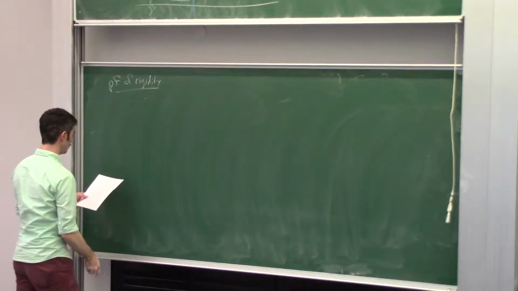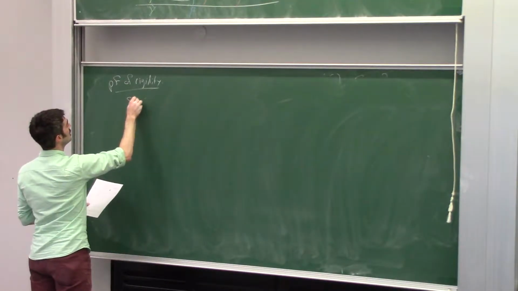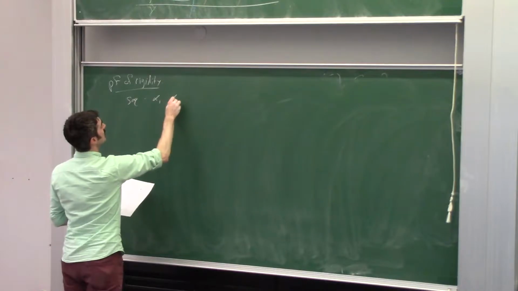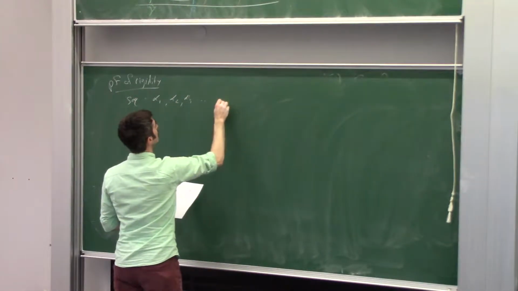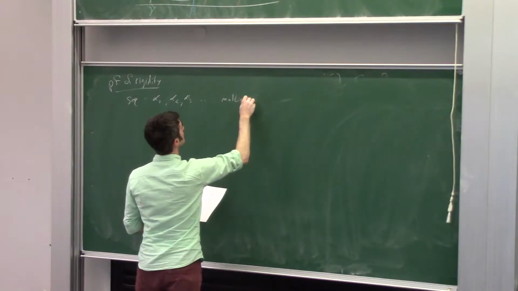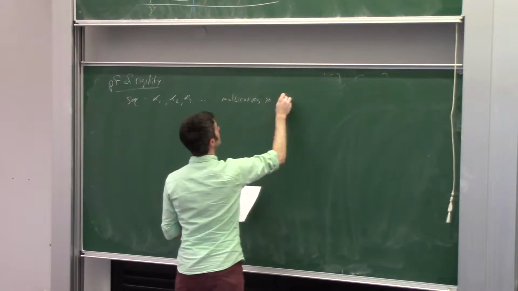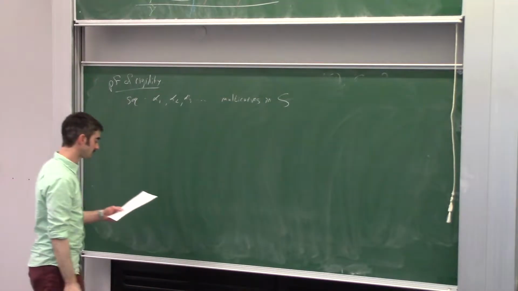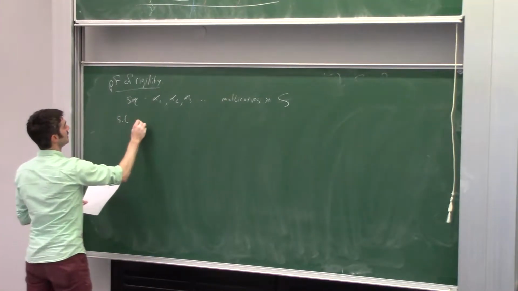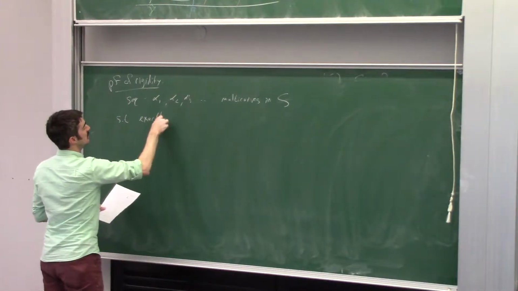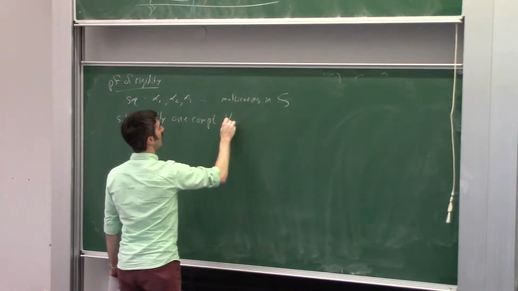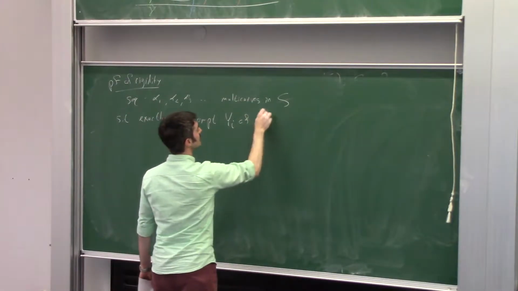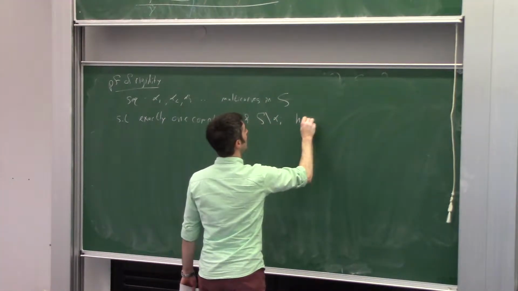Okay, so what I do is I take a sequence, alpha 1, alpha 2, alpha 3, etc., of multi-curves. And my first surface, S, such that, say, exactly one component, we call it Y_i, of S minus alpha_i has finite type.